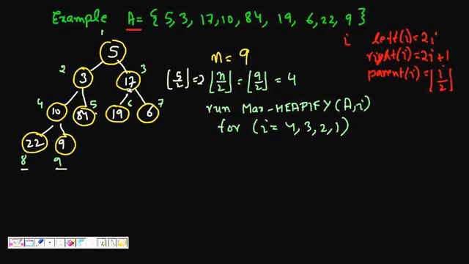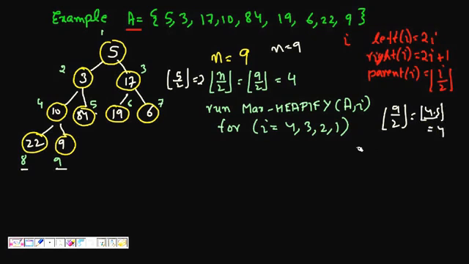Now, if we construct a heap from this array where n is equal to 9, then from 9 by 2 floor, which is floor of 4.5, so this is 4.